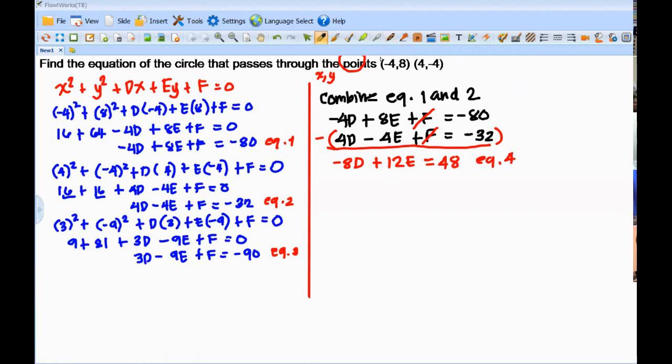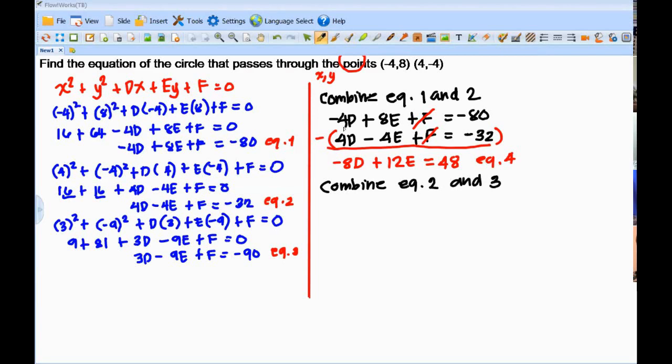So now the next step is that we need to combine equations 2 and 3.